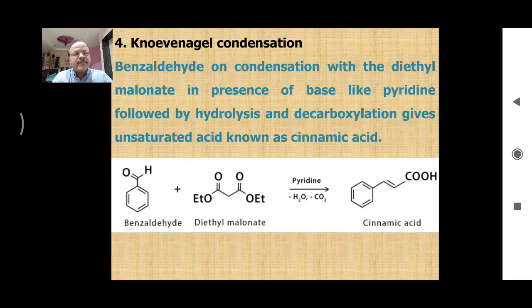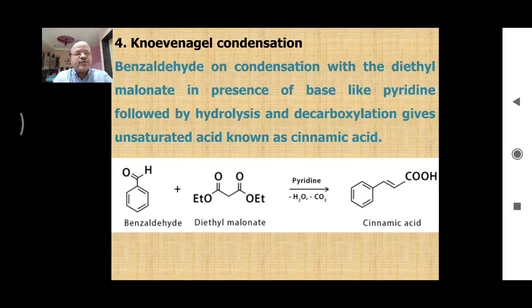Now as I mentioned, the base used in this Knoevenagel condensation may be pyridine or piperidine, or secondary or tertiary amines can also be used as base. This is not the only compound that is used in Knoevenagel condensation with aldehydes. This is one of the compounds which can be condensed with benzaldehyde.